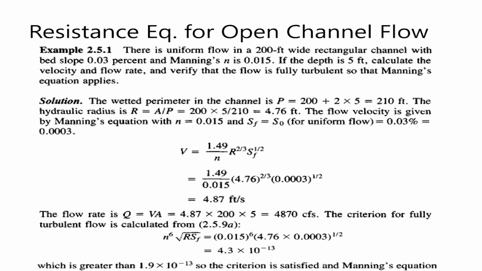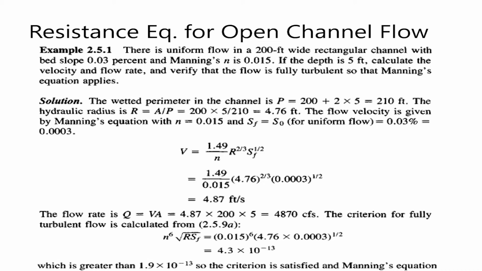See, although he has given this formula, there is another non-dimensional number which distinguishes laminar flow and turbulent flow. That is called the Reynolds number. Okay, so the Reynolds number formula is rho V d by mu. Rho is the mass density, V is the velocity of flow, D is the diameter, and mu is the dynamic viscosity.